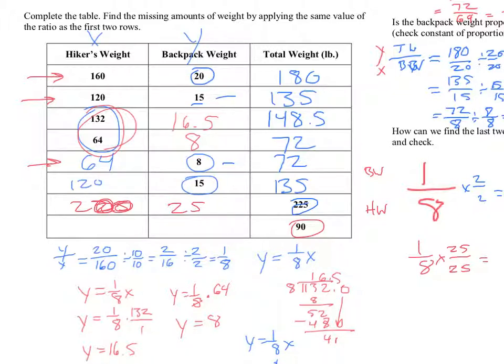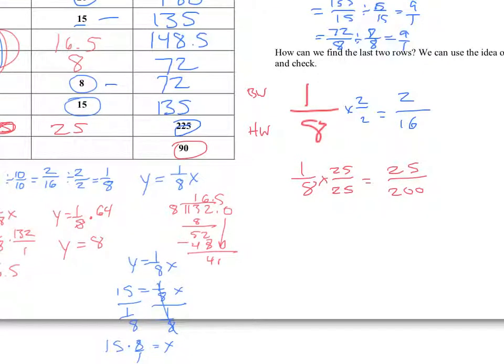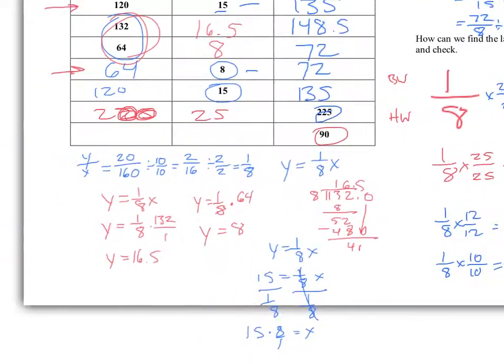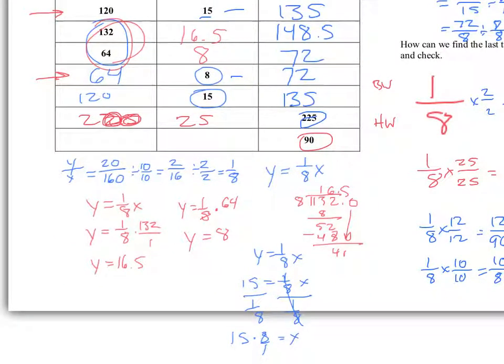I can try 12. 1 over 8 times 12 over 12 is going to give me 12 over 96. I can see that would add up to 108, so I definitely ended up with something that was too big there. So I'm going to go down to 10, and that's going to give me 10 over 80. And those do add up to 90, so I can plug those in.